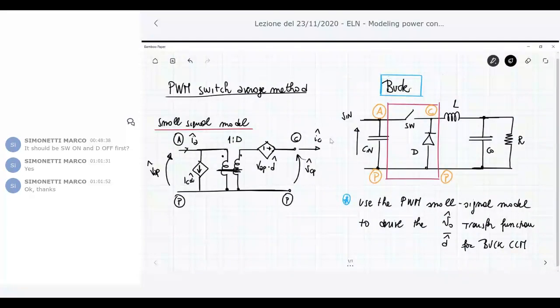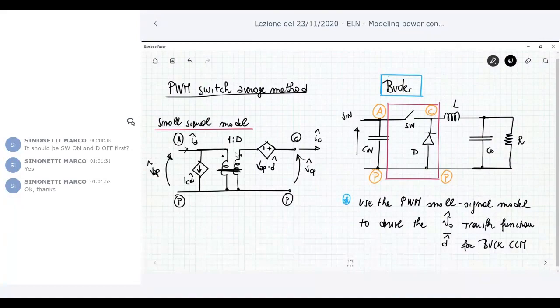And the AC model, which is derived from this technique, is the model described in this page. This is the AC model, the model that describes what happens to the small signal variation. So we are focusing our attention now on the variation of the variables in the switch mode power converter. In this case, we averaged and linearized our switching network, and this is the result of this analysis.